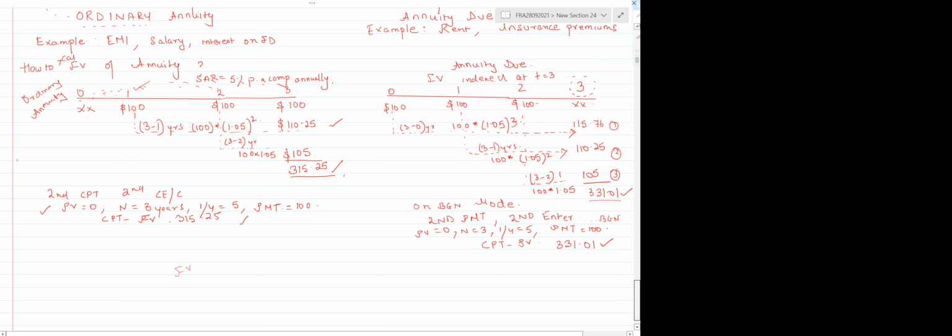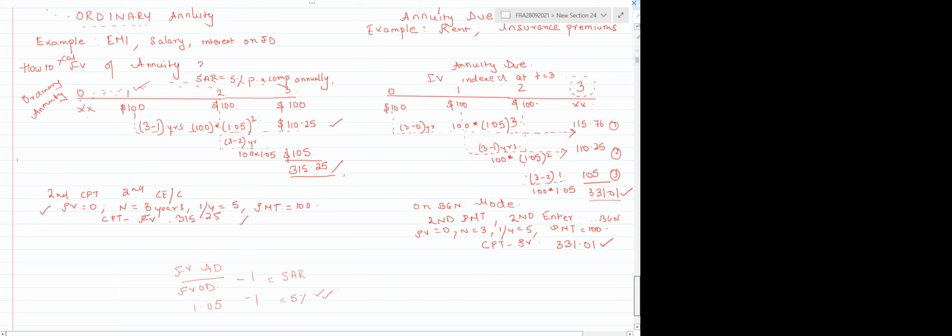Divide the future value of annuity due by the future value of ordinary annuity, you would get 1.05, right? If I deduct 1 from that, you get 5%.